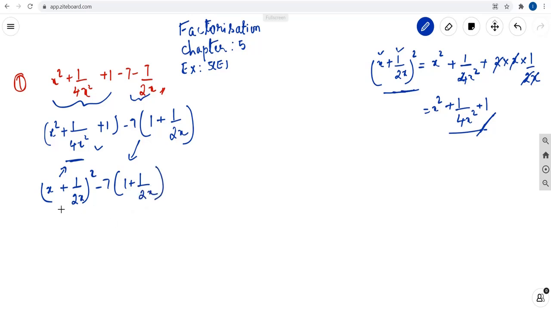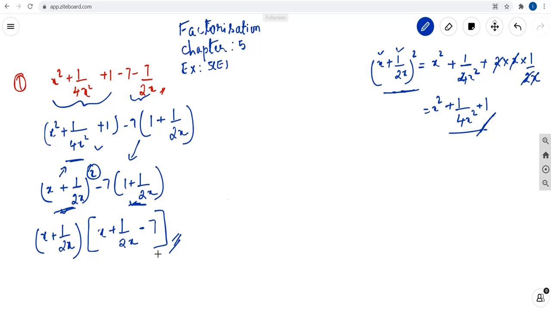Now if you see, one term is common in both. If I take that term common, 1 plus 1 by 2x, it is a square here, can you see? So when I take one term common, what is left is x plus 1 by 2x plus 1, minus this one I have taken out, so left minus 7. So this is the answer for your example number 1.